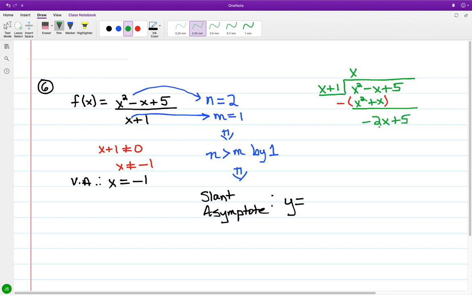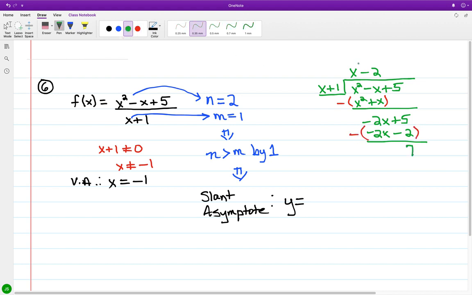And x into negative 2x, we have minus 2, and distributing negative 2 over x plus 1, we have negative 2x minus 2, and taking the difference, 5 minus negative 2 is going to be 7.